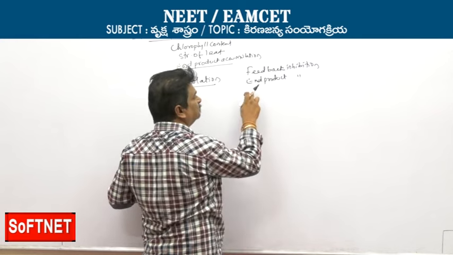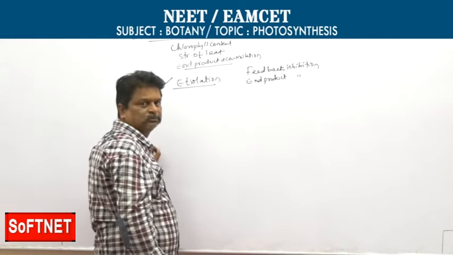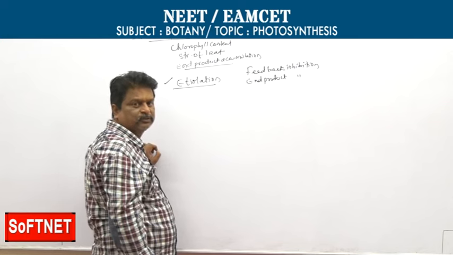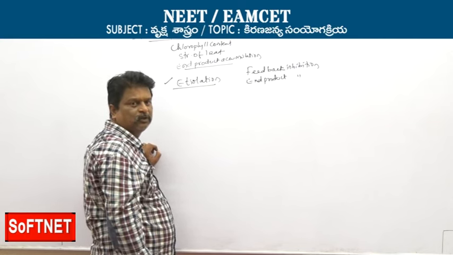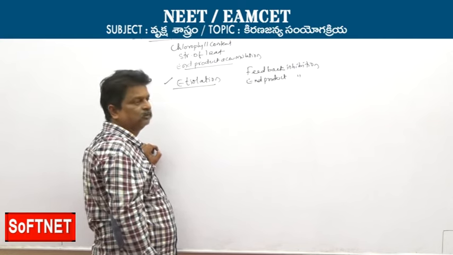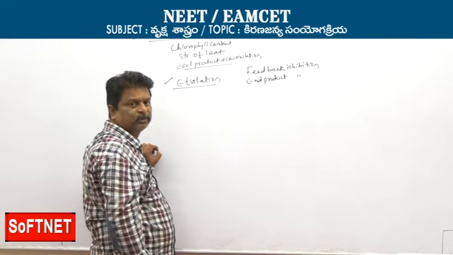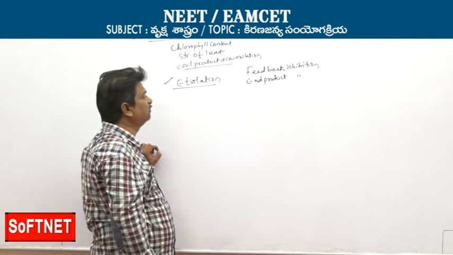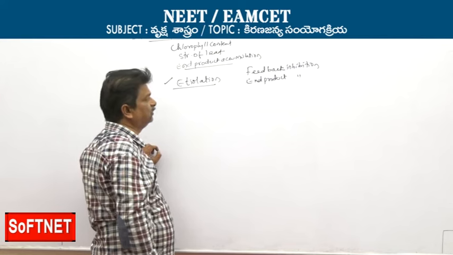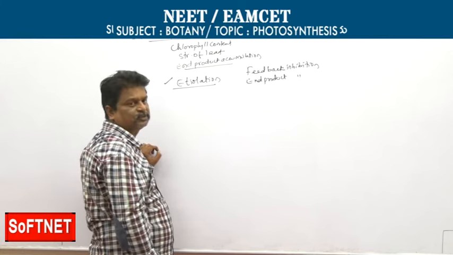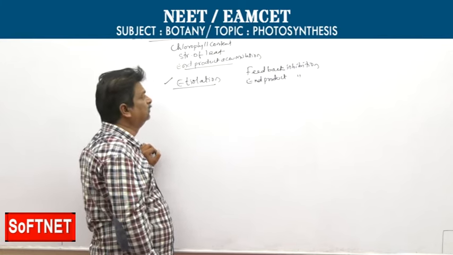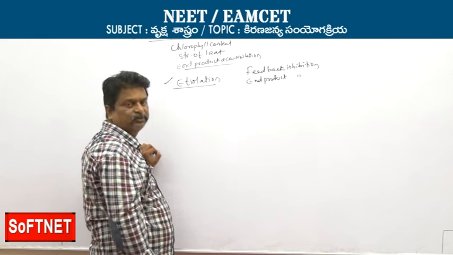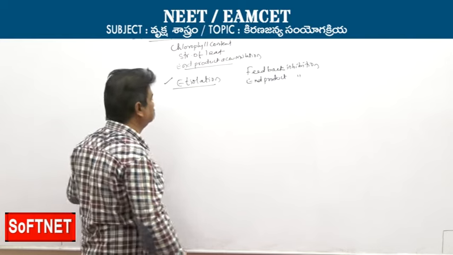This feedback or end product inhibition is seen only in C3 plants, but not in C4 plants, because in C4 plants bundle sheath cells help in immediate translocation of food. That is why we cannot see this process in C4, only in C3 plants.